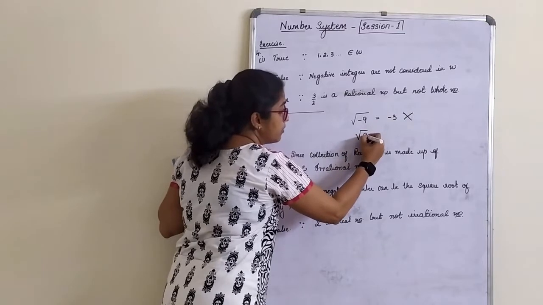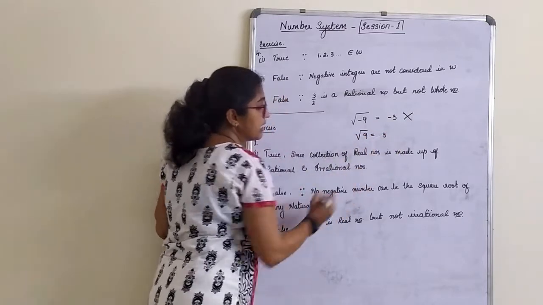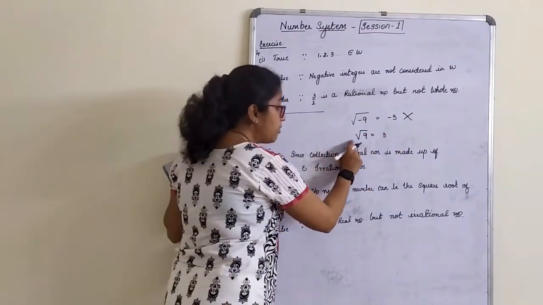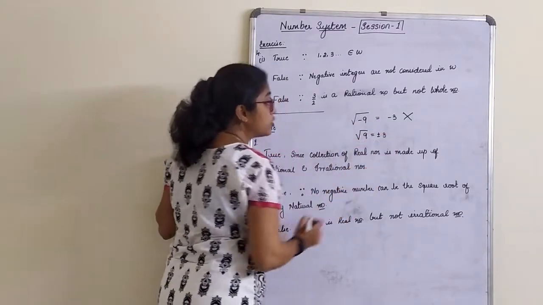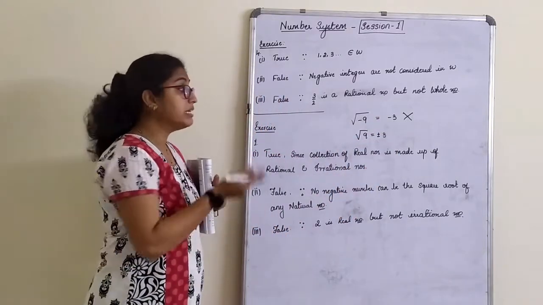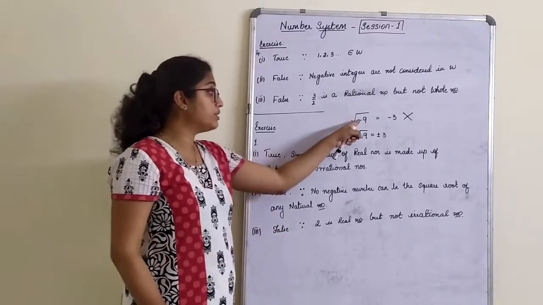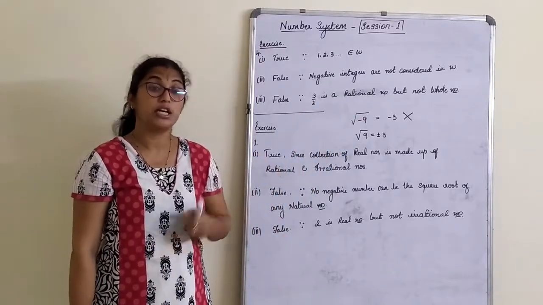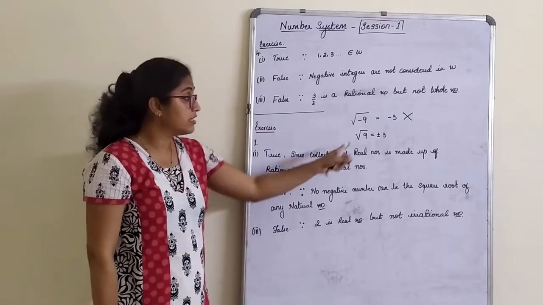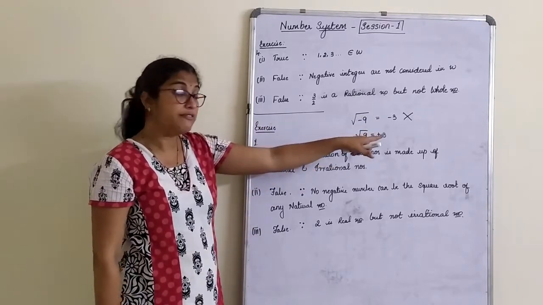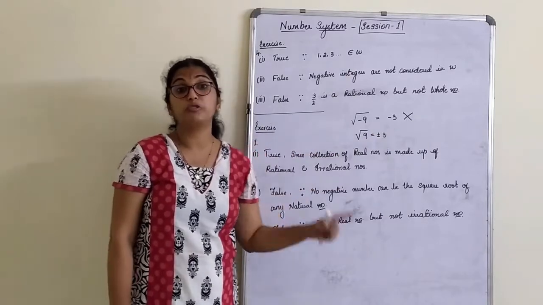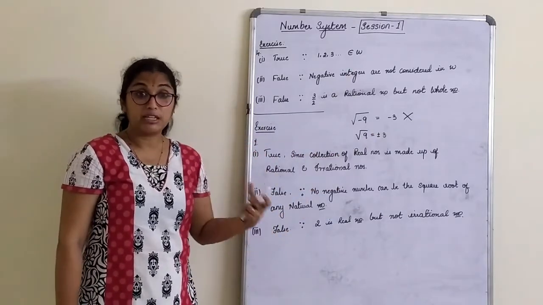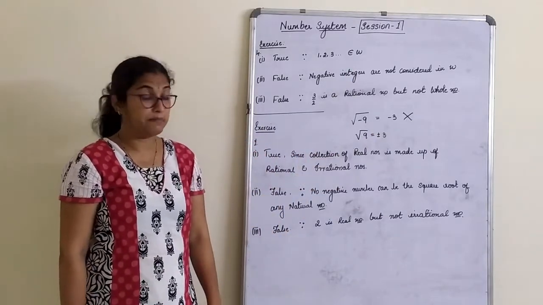See, square root 9 is equal to 3, correct? That means square root 9 has two values, plus or minus 3. But there is no number for root minus 9. Minus 9 are something called as complex numbers. We study them in the higher classes. So we have root of positive numbers whose answers come out to be plus and minus. That is what we plot them on the number line.